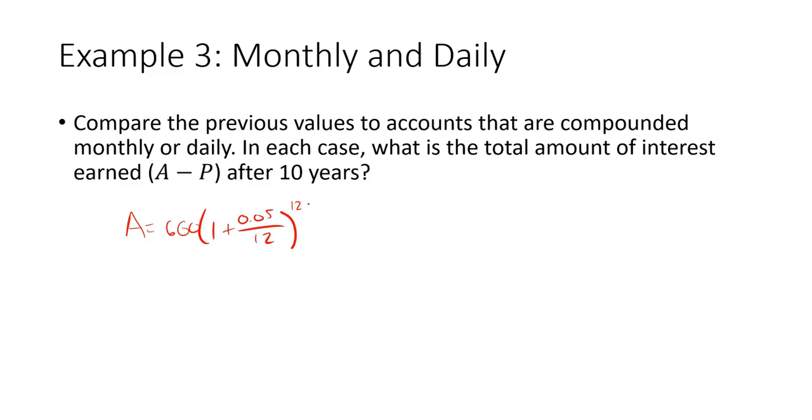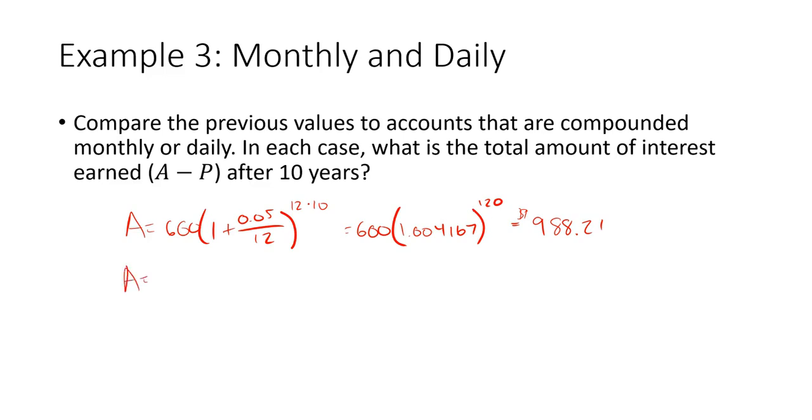That's 600 times 1.004167 to the 120 power, and then multiply by 600, we get 988.21.